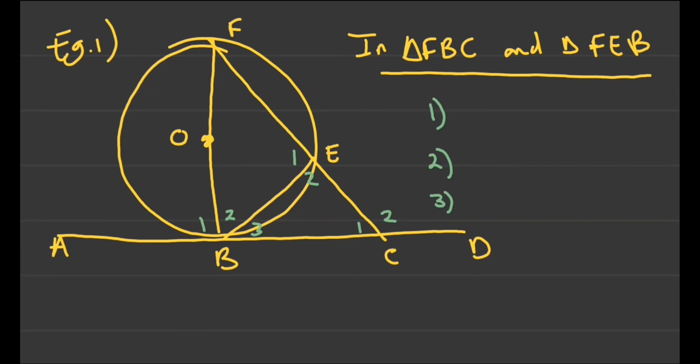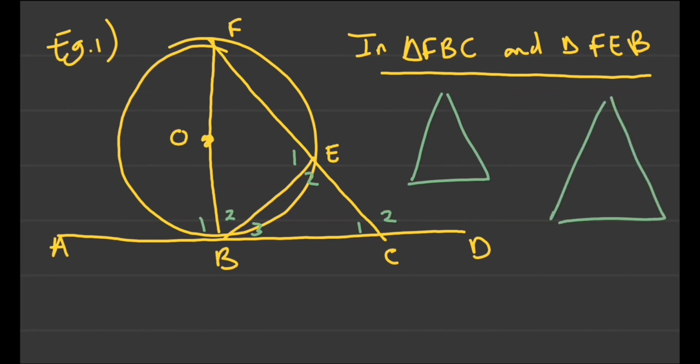So just to make clear what I'm saying, let's say we had two triangles like this, and I told you that this angle is 30 degrees, and that angle is also 30 degrees. And then maybe this angle here is 70 degrees, and that one there is also 70 degrees.